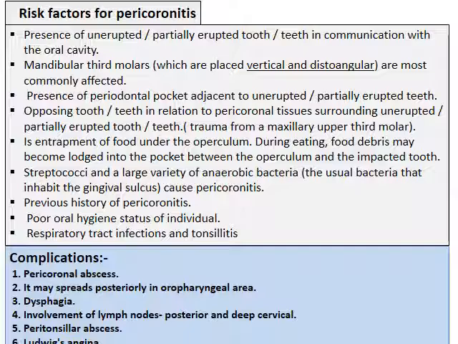The microorganisms responsible for pericoronitis are mostly Streptococcus and anaerobic microorganisms. And this is very important for the prescription of antibiotics. When you prescribe antibiotics, you have to choose the antibiotic which affects these microorganisms, anaerobic and Streptococcus.